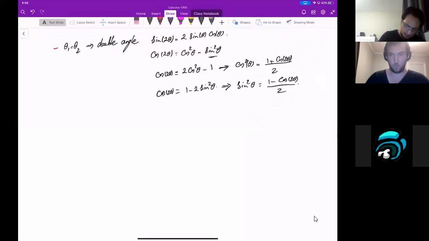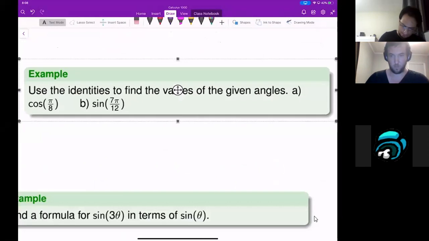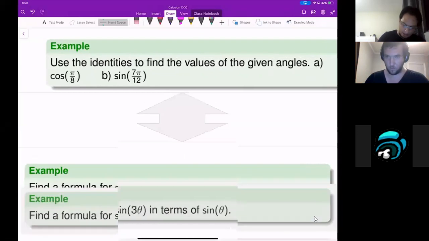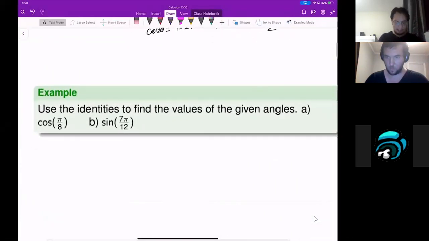So this is what we have. We can use these formulas to evaluate some of the angles. So, for example, cosine of pi over 8. You say, okay, I have a table.